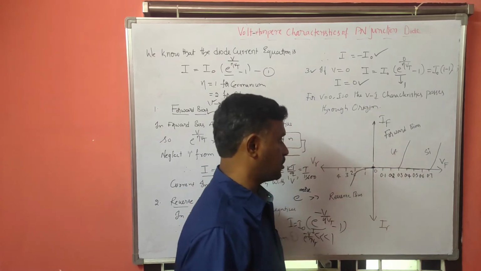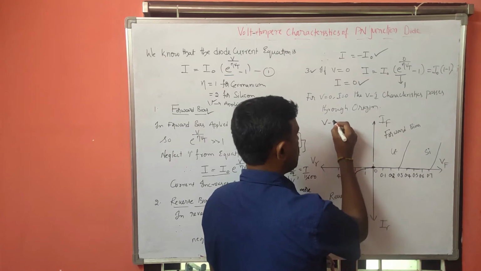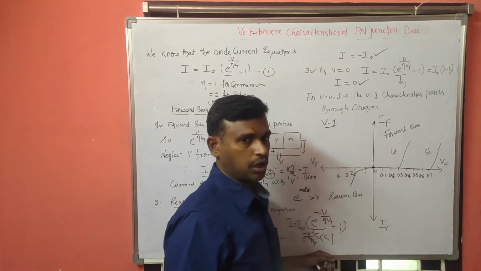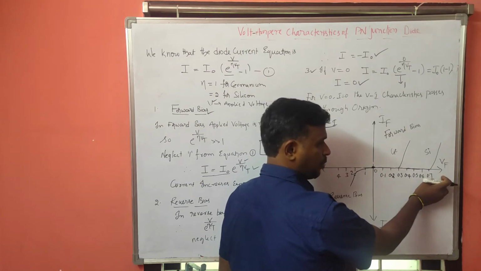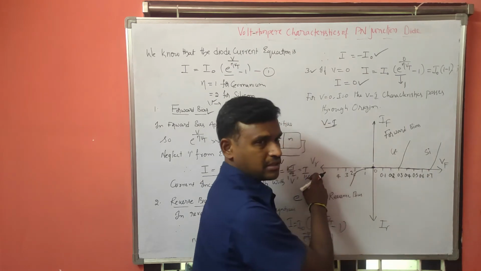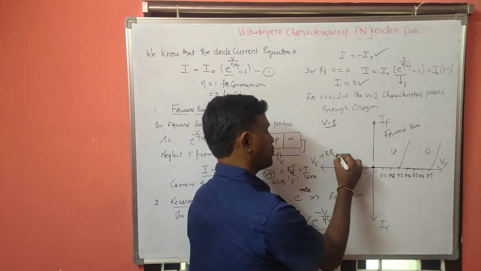So now if I consider these values, how will the VI characteristics of the PN junction diode look? In this one the forward voltage I am representing on the positive x-axis, and on the y-axis the reverse voltage. VR is nothing but the reverse bias voltage.